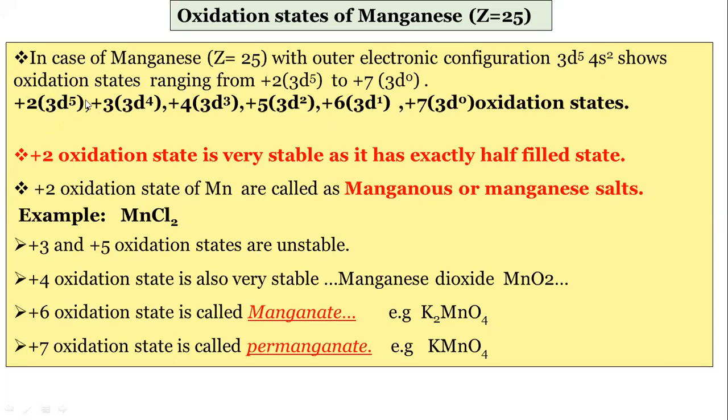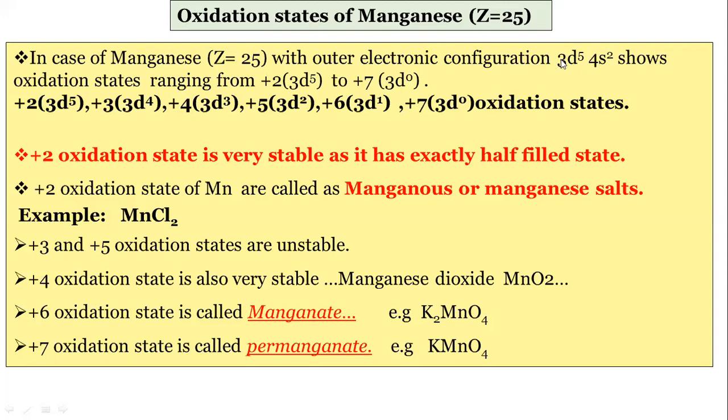The atomic number of manganese is 25, and the outermost electronic configuration is 4s2 3d5. If these 2 electrons are removed from the s orbital, the d orbital contains 5 electrons.